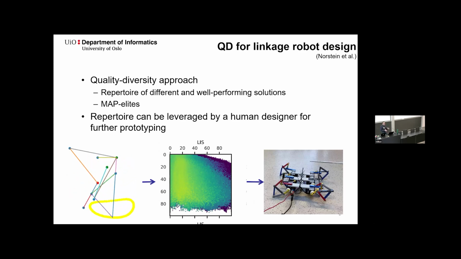At this time we were inspired by quality diversity algorithms and especially the MAP-Elites approach, which lets you build a repertoire of lots of different solutions that are all of high fitness, but they're different. So that's very nice to explore a design space.